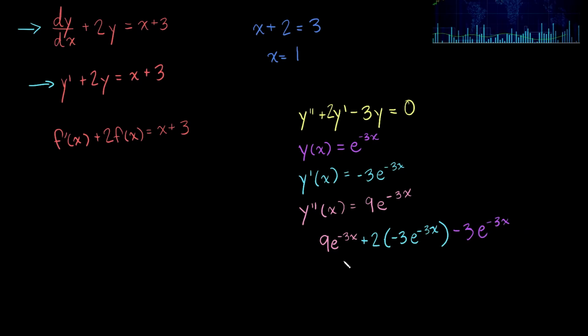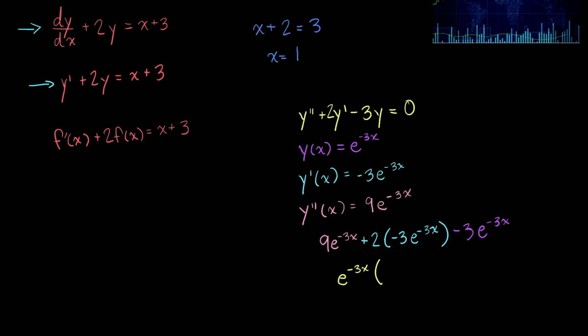If we evaluate this, we have an e to the minus 3x here, here, and here. So the only difference in all these is their constants. So let's pull out an e to the minus 3x out of all of these, because they do share that same term.